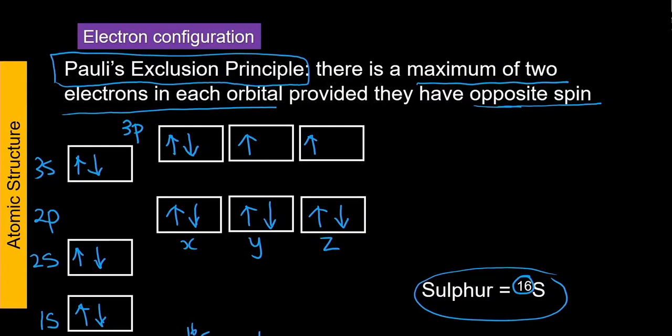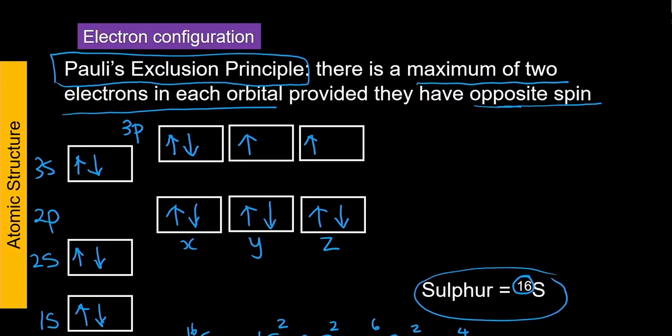We've got the 1s orbital with 2 electrons in it, the 2s orbital with 2 electrons, the 2p orbitals with 6 electrons, the 3s orbital with 2 electrons, and then the 3p with 4 electrons. So that is what we call the electron configuration. The Aufbau diagram with the squares, and the electron configuration, writing it out in a single line.